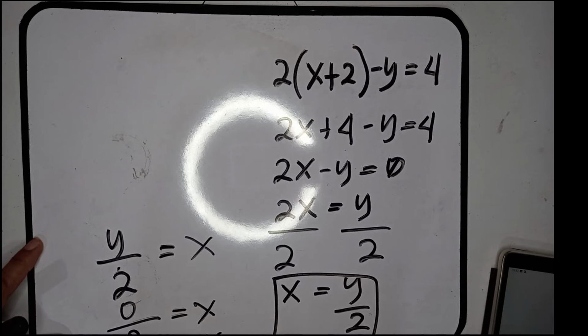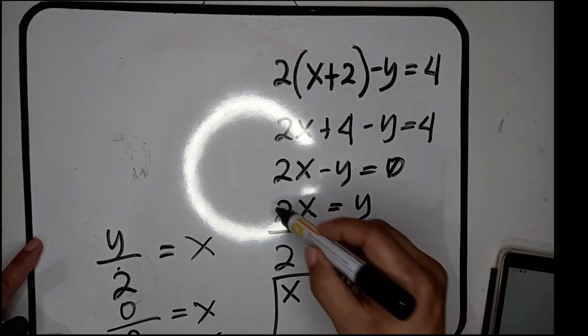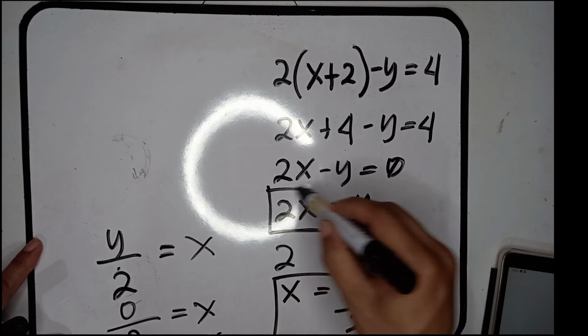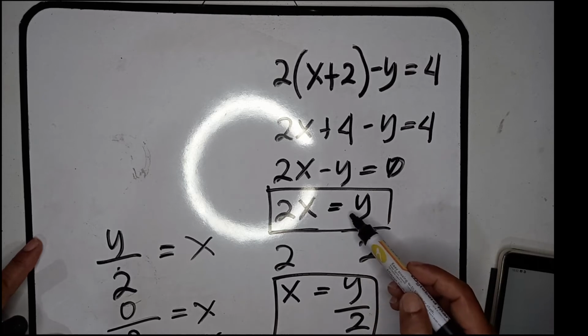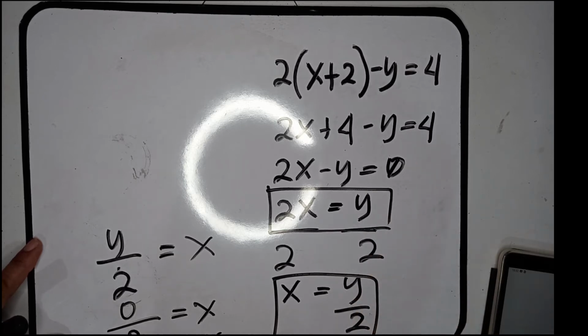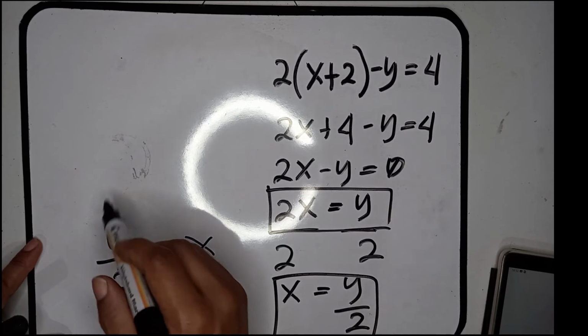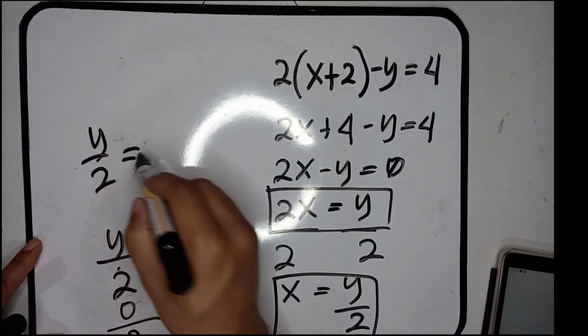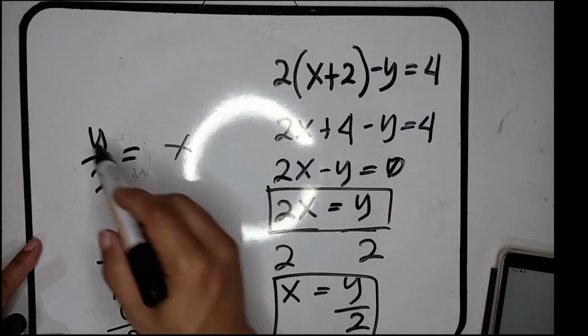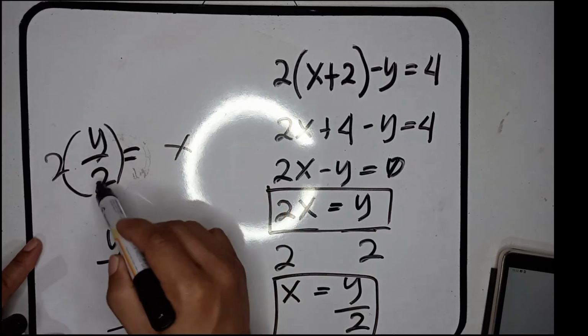If we put 0 for our x using this equation, or using this one, because we can multiply this. y over 2 is equal to x, and then multiply this with 2.